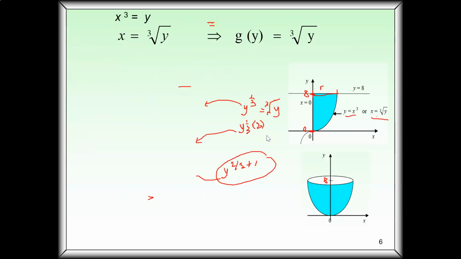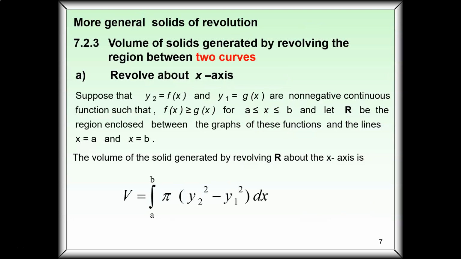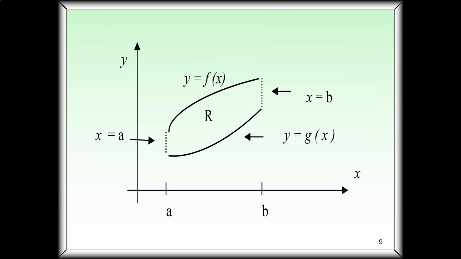Before this, our graph was attached directly to the y-axis or the x-axis. But now you're going to see the region is a little floating, which is in this case. So you have these two curves.